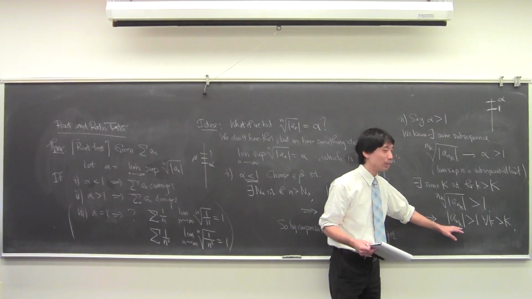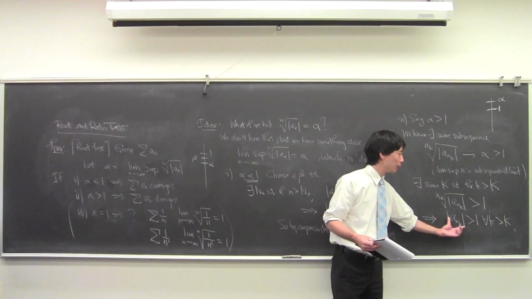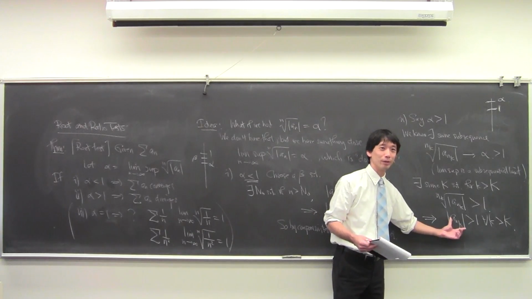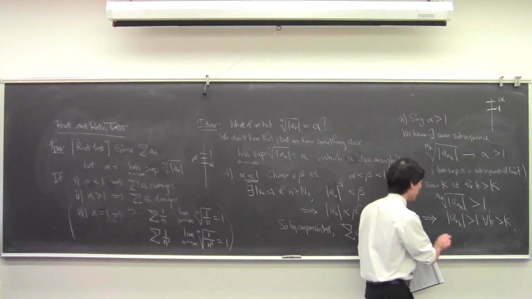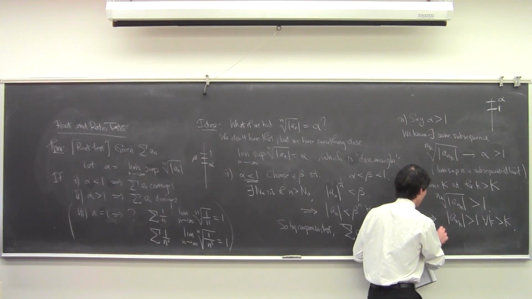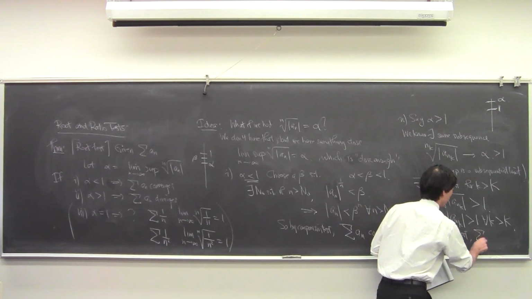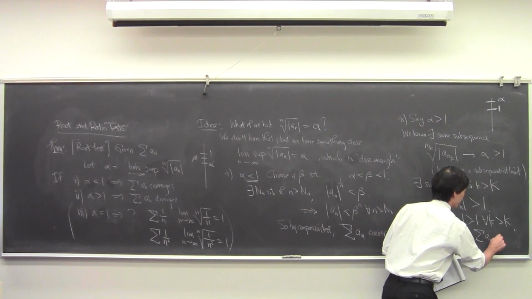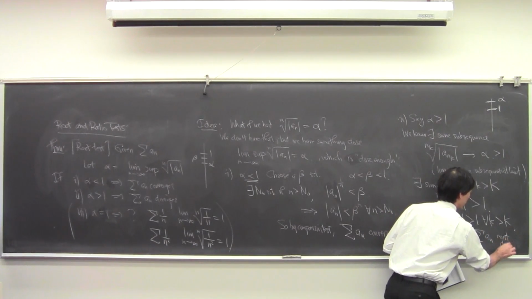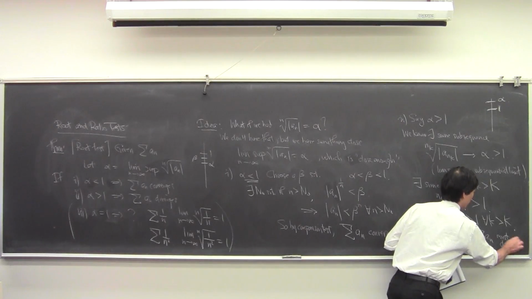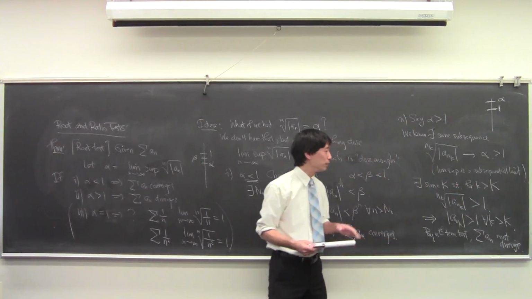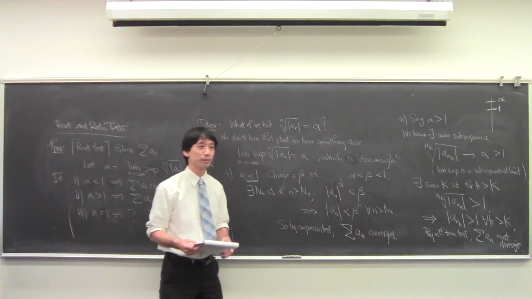Not the comparison test, but we've got these terms and they don't go down to 0. It's the nth term test. So by the nth term test, the original series must diverge. Because if it converges, all the moduli should go to 0.